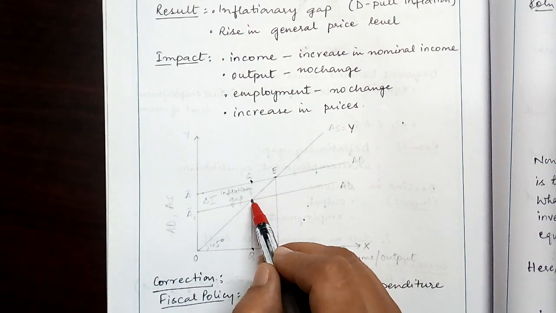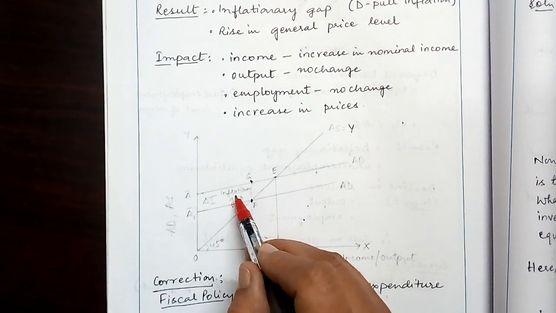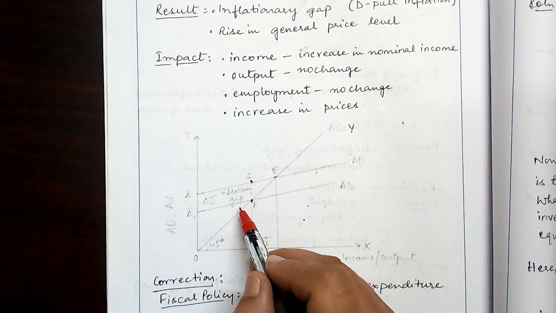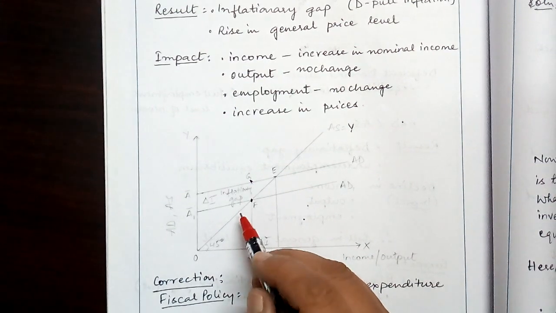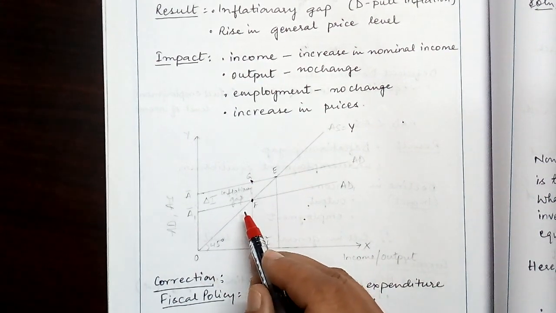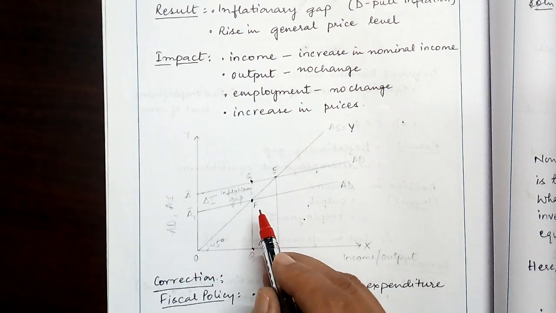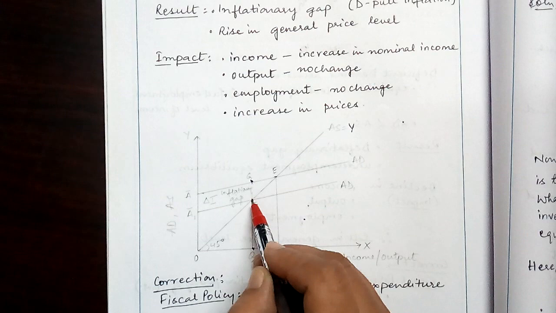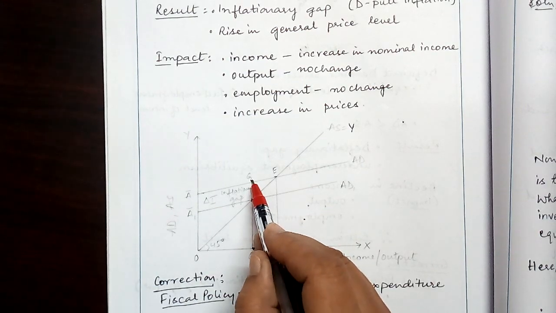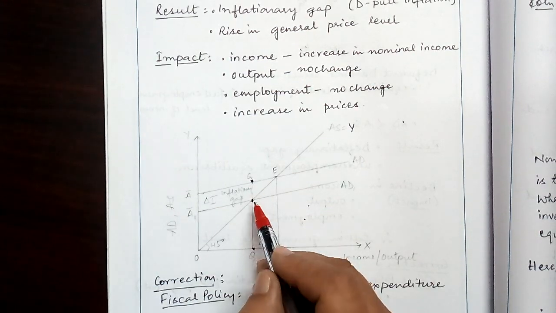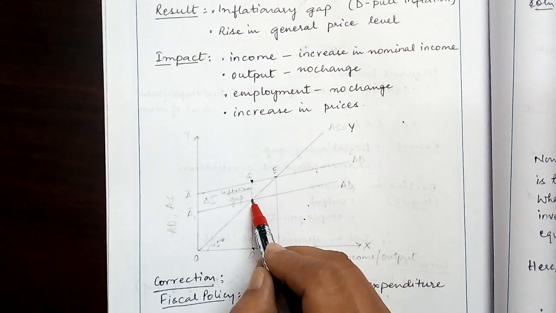And this results in what is called an inflationary gap. So what is inflationary gap? Inflationary gap is the amount by which the actual aggregate demand exceeds the level of aggregate demand required to establish the full employment equilibrium.